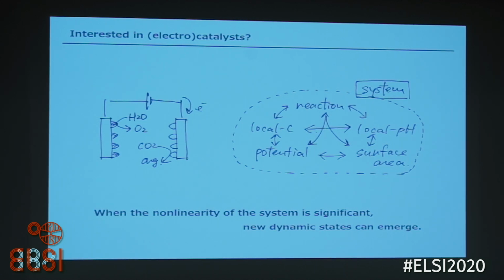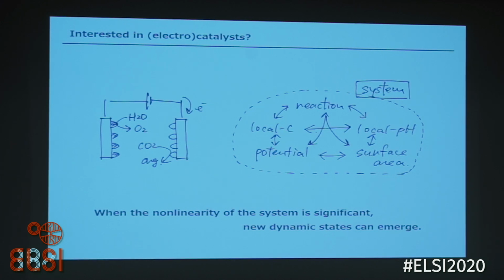So first, let me talk about the catalyst. In electrochemistry, catalysts are generally loaded on the electrode surface to accelerate a target reaction. However, when the reaction is accelerated by the catalyst, many factors can be influenced.